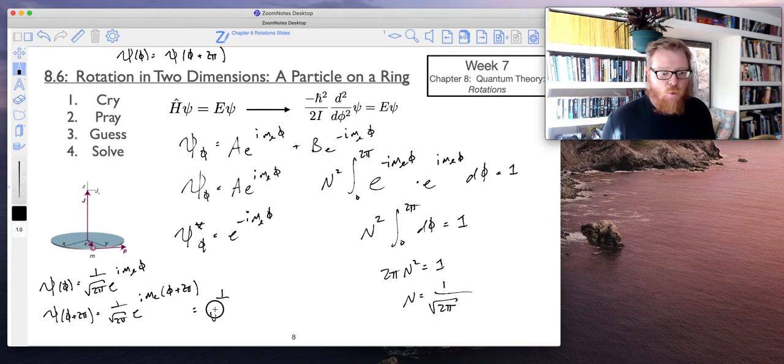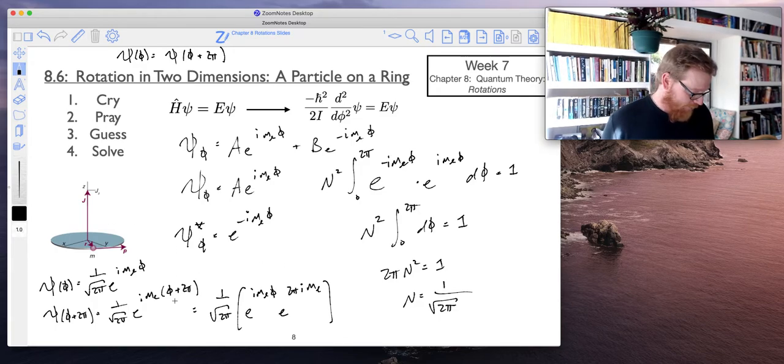I can write this as 1 over root 2 pi times e to the i ml phi times e to the 2 pi i ml. So I just did some algebra there, separating the exponents. I probably didn't leave myself enough room, so I'm going to write another proof here that we're going to use. Recall, I call this the God Theorem.